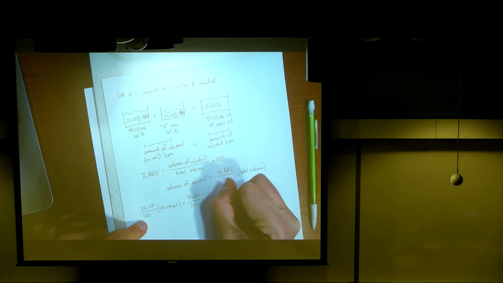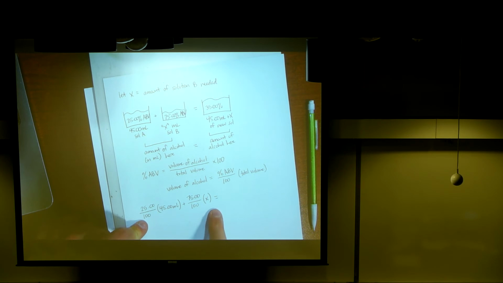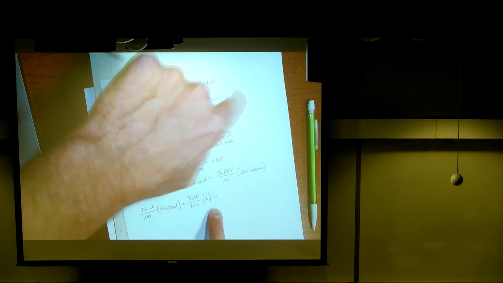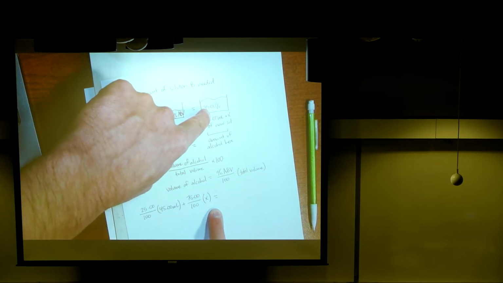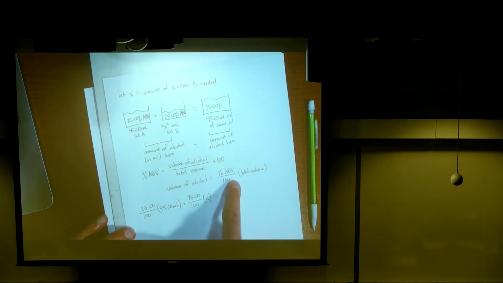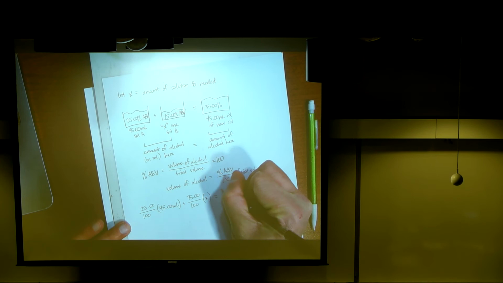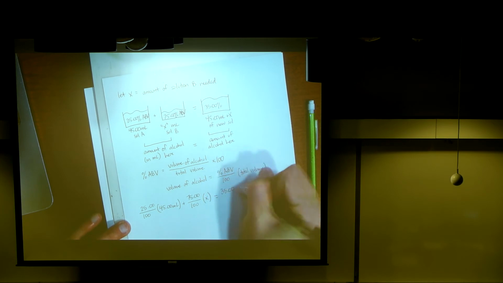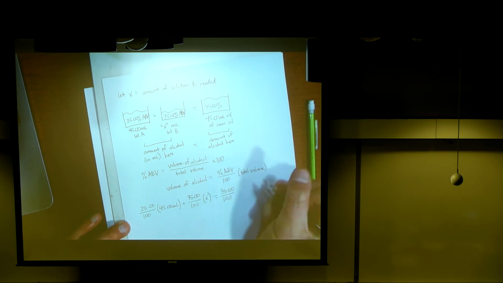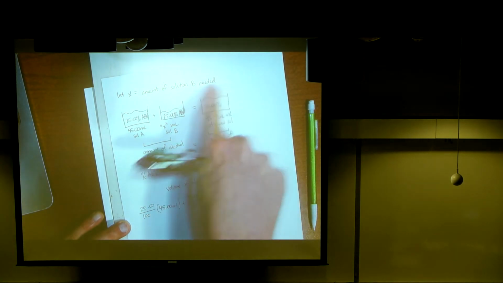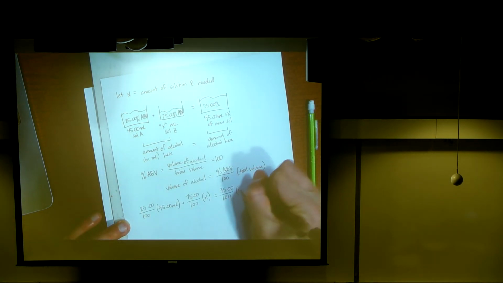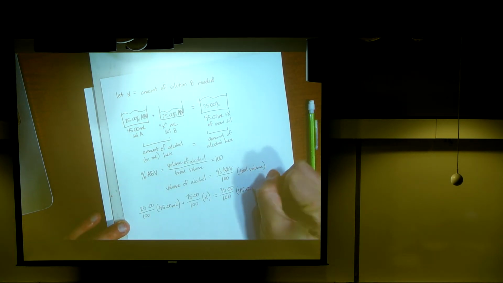Then, on the other side of the equation, I'm going to say that equals the total amount of alcohol here, because that doesn't change. And I'm going to use the same exact strategy to do that. I'm going to take 35% divided by 100, and then our total volume for this final mixture is 45 milliliters plus X. Okay?